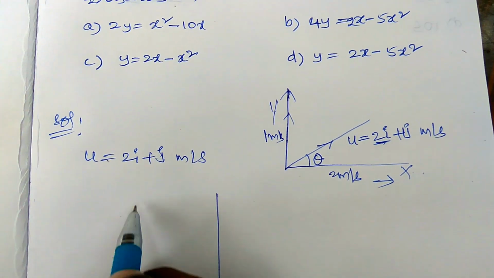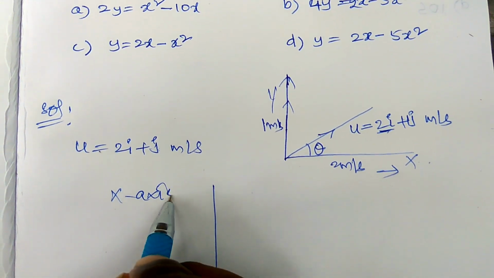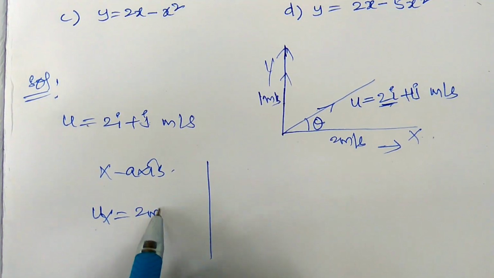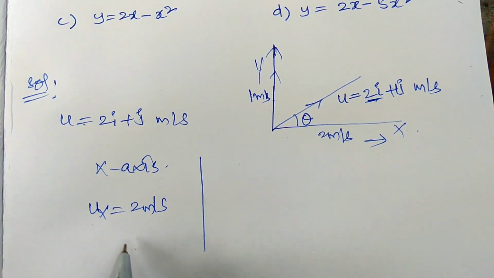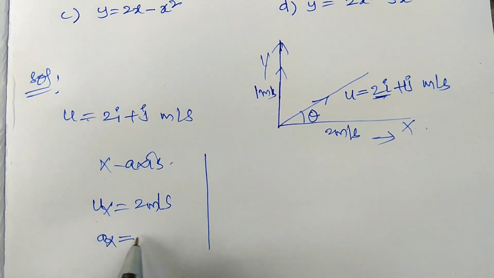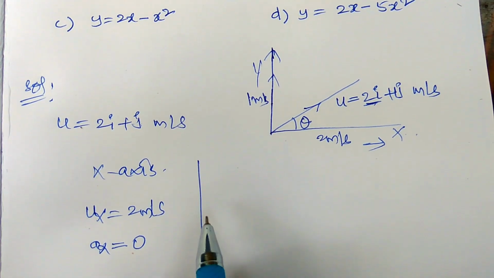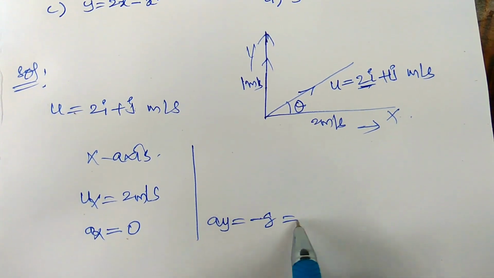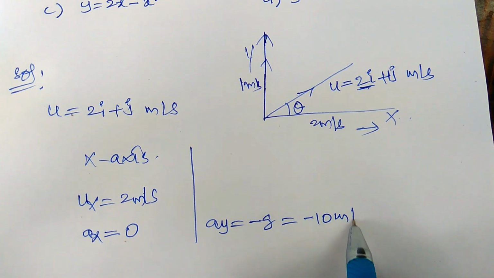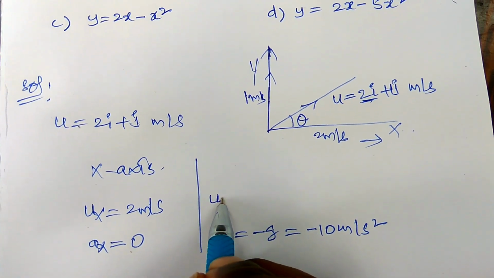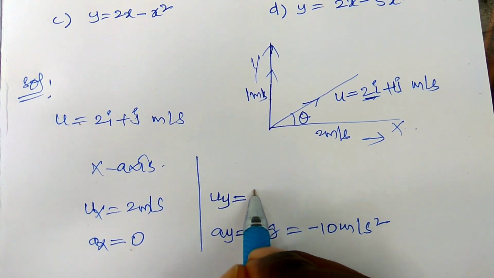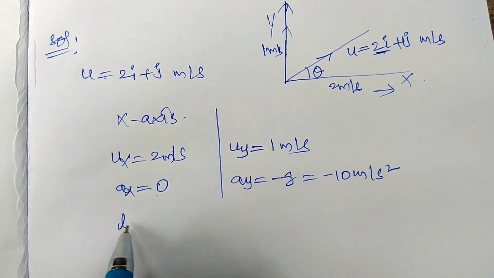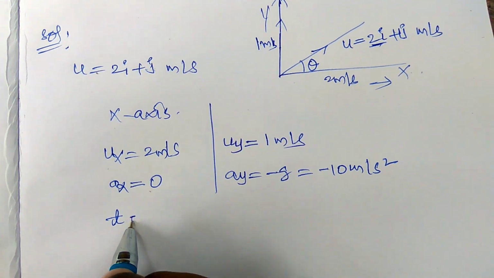So along the x axis, the initial velocity is 2 meter per second, and the acceleration along the x axis is equal to 0, and the acceleration along the y axis is minus g, that is minus 10 meter per second square, and along the y direction, the initial velocity is equal to 1 meter per second, and the time taken in x direction is t.